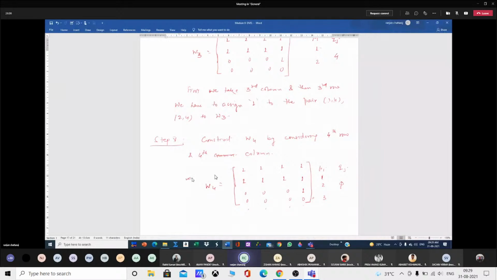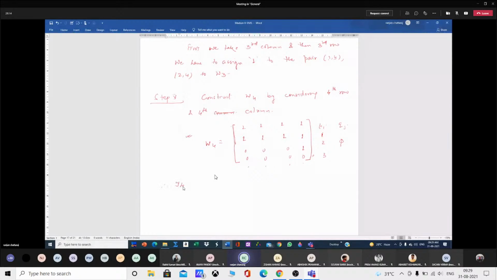So this is the final transitive closure. Okay. So therefore the transitive closure of R is, so we have only this entry, this entry, this entry, and this entry.